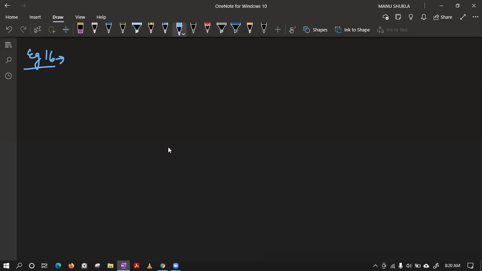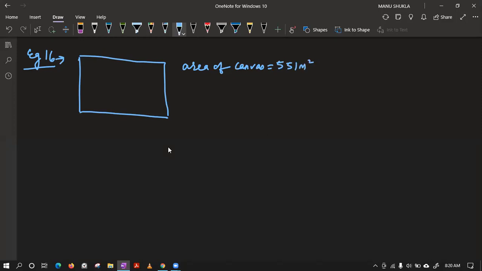She has a canvas, and we know canvas may be like a rectangular chart paper. So the area of canvas is given to you as 551 meter square.